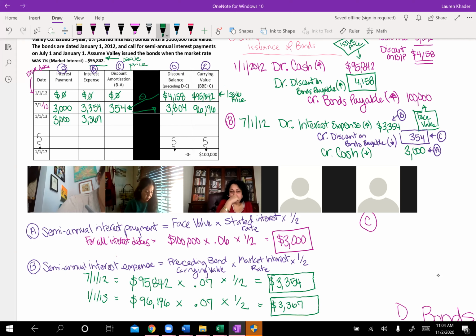So slightly higher than the prior period, which you would be expecting because your carrying value is increasing over time. The amount that we're going to amortize the discount will increase slightly as well. The difference between 3,000 and 3,367 is $367.